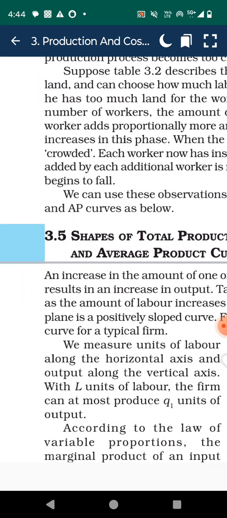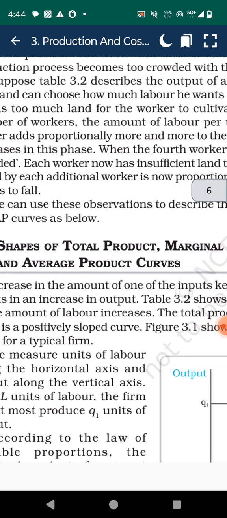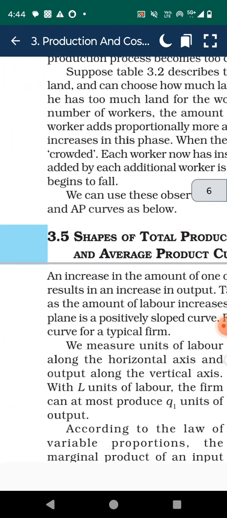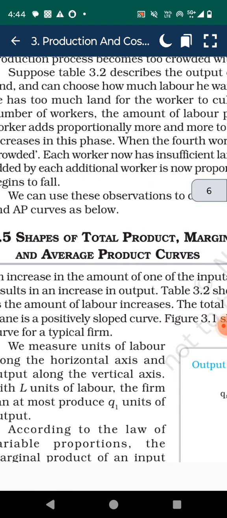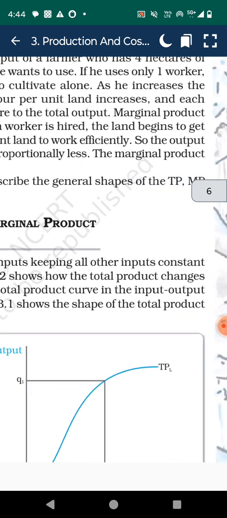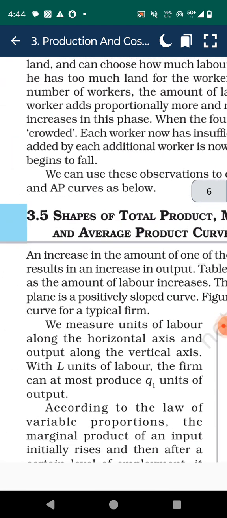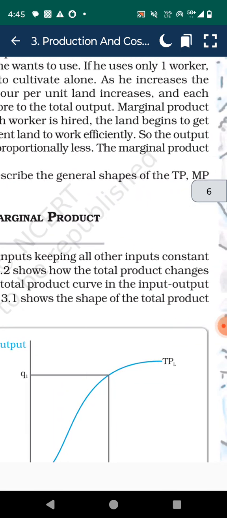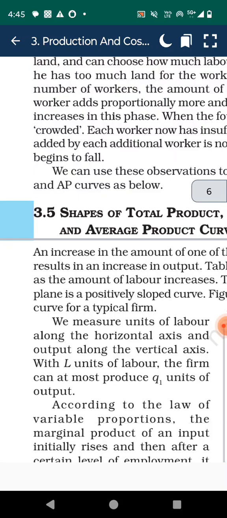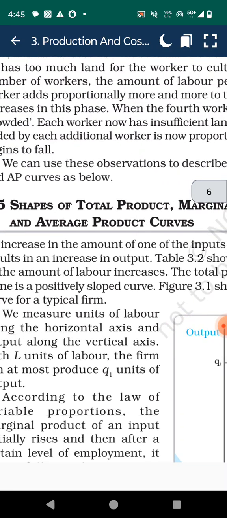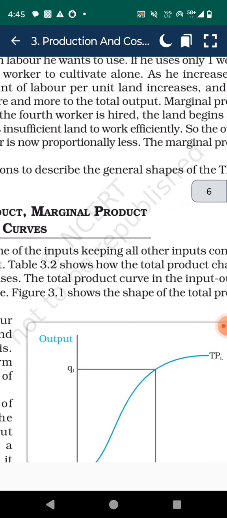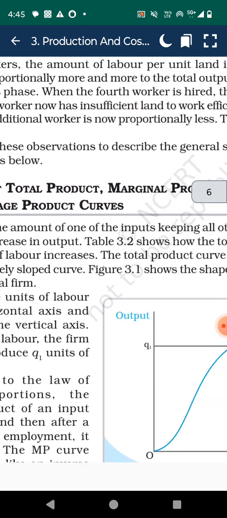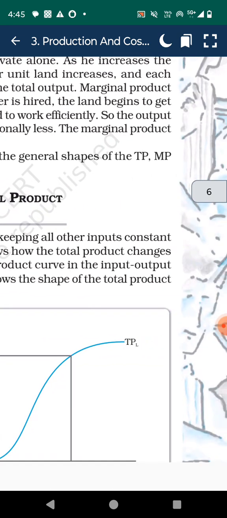Suppose table 3.2 describes the output of a farmer who has 4 hectares of land and can choose how much labor he wants to use. If he uses one worker, he has too much land for the worker to cultivate alone. As he increases the number of workers, the amount of labor per unit of land increases, and each worker adds proportionally more and more to the total output.